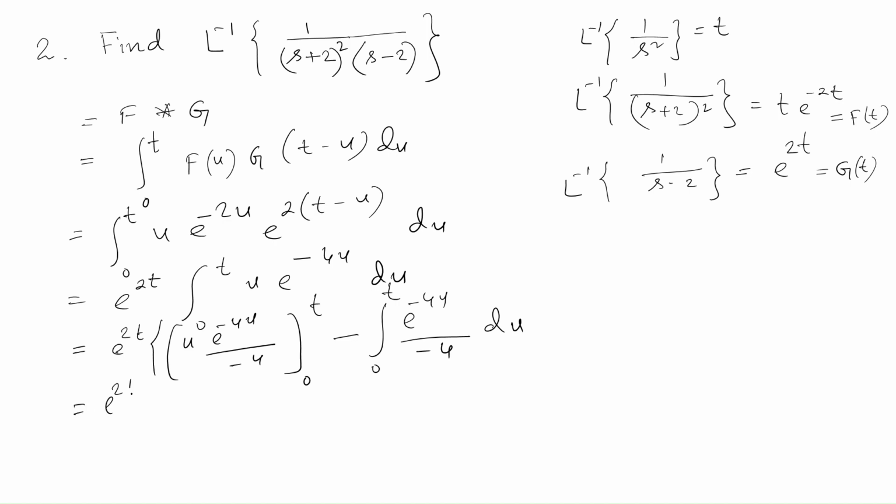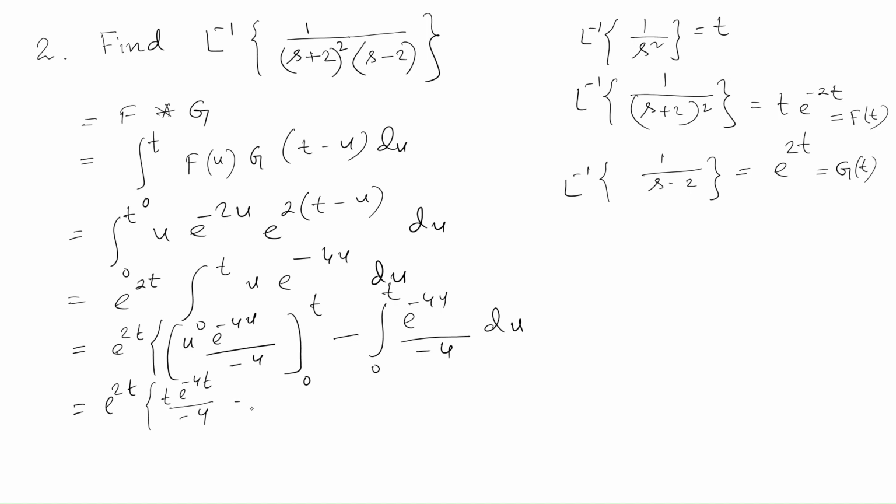e power twice t. Putting the value of u as t, we'll have t e power minus 4t by minus 4, and while putting u equals 0, we are getting the term as 0.